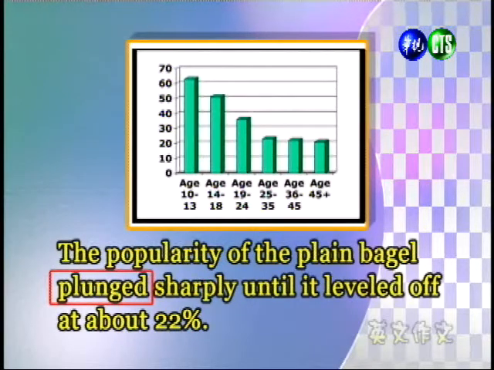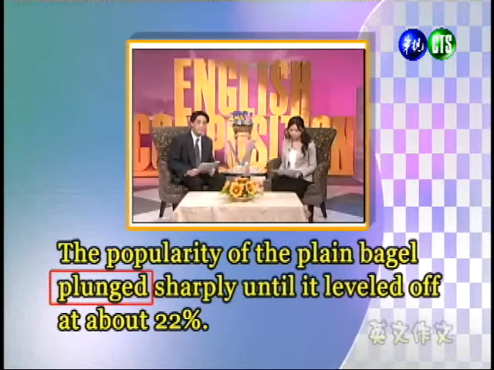And so plunge creates the image of a rock or a person falling over the edge of a cliff or an airplane falling out of the sky. 好，plunge 这个字呢，它其实是呈现一种像是石头或是一个人从悬崖边或是从飞机上急剧的掉落的这样一个画面。 And so obviously this is a very, very negative image.